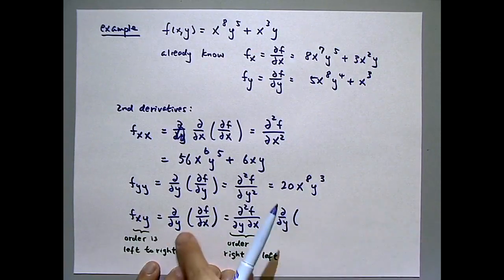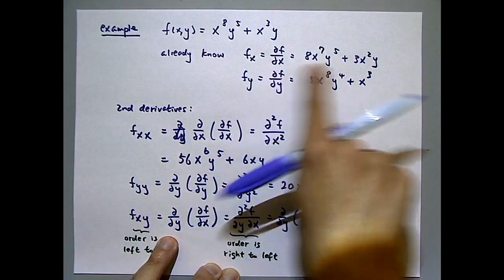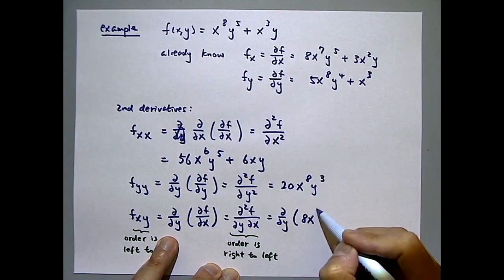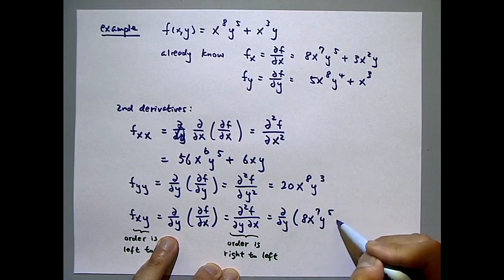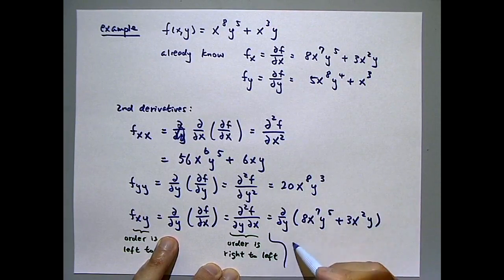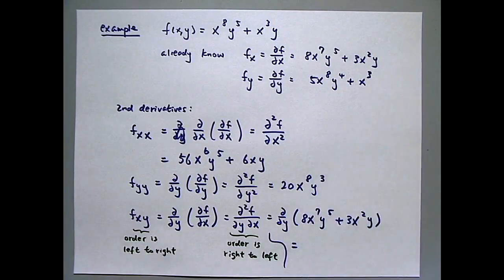All right, so this is taking the derivative with respect to y of fx. fx is 8x to the 7, y to the 5th, plus 3x squared y. y is the variable, x is a constant.